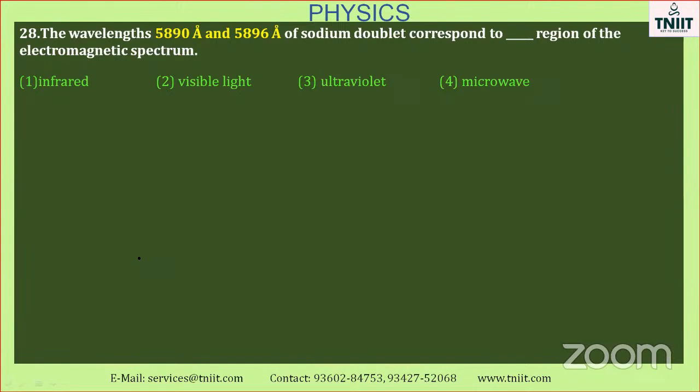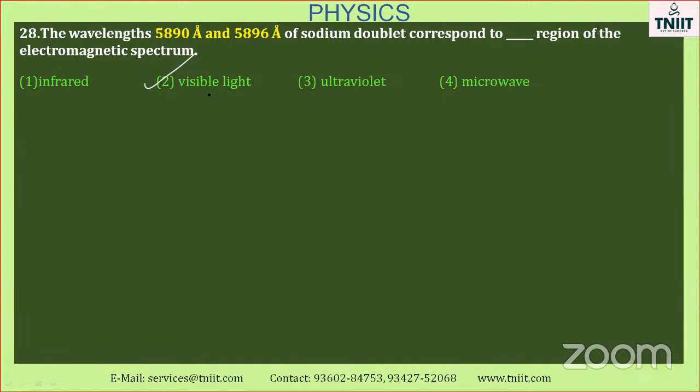5890 to 5896, sodium. You know that sodium belongs to visible light. It's a basic concept. 4000 to 8000 lies in the visible region.